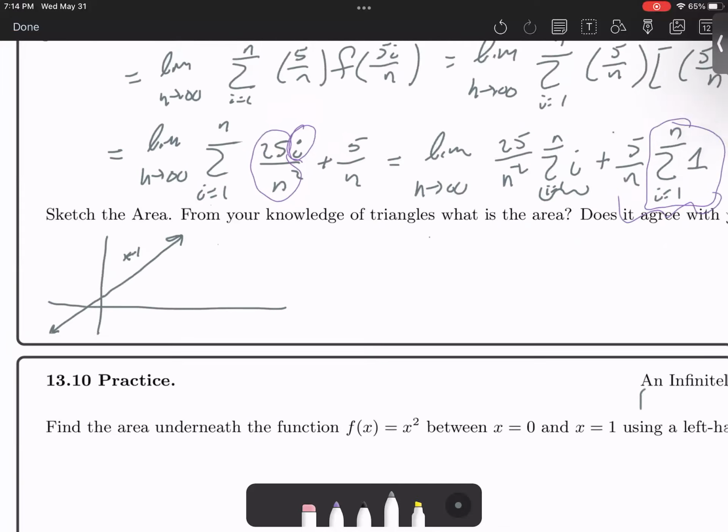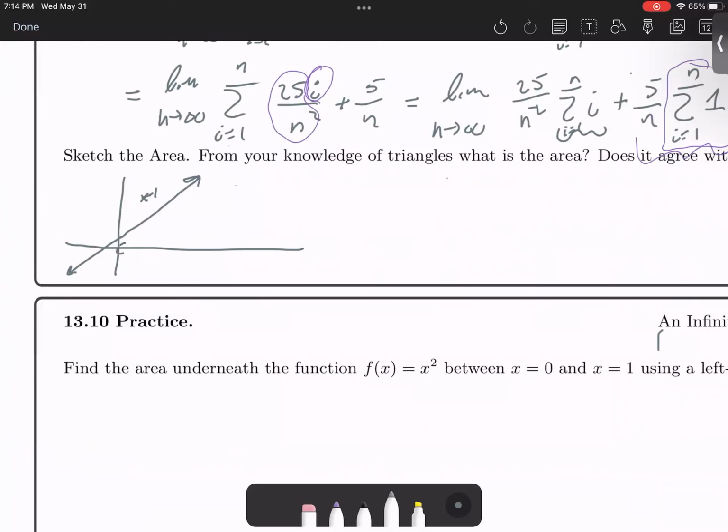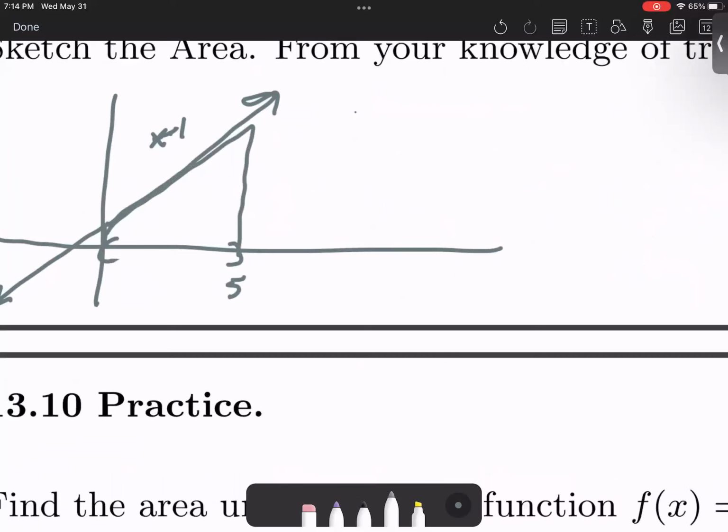All right. And I wanted to find the area underneath this function from 0 to 5. Let's see. Well, that kind of gives me almost a triangle. Right? Except I need to cut off that little tip right there.